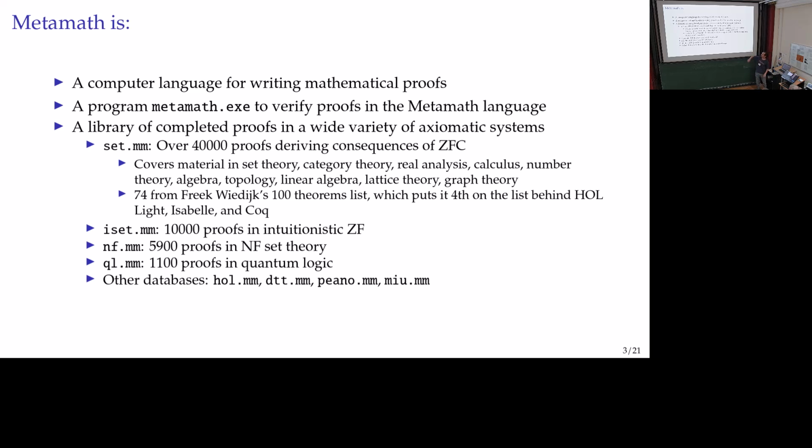So you can see from the number of proofs the relative sizes of these things. set.mm is the biggest one, and then there are others doing things in more obscure logics like quantum logic, and there's also higher order logic, dependent type theory, Peano arithmetic, and Hofstadter's MIU system, which is a fun application.